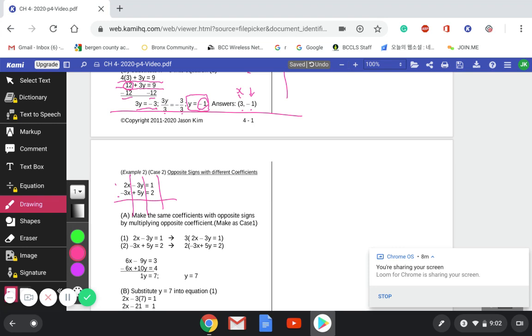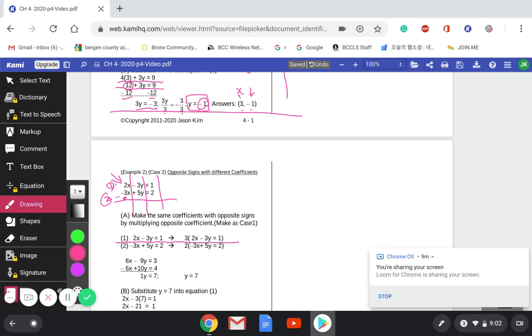So what do we do to get rid of, let's say, the x's in this particular case? The way you do it is you have to make the same coefficient with a different sign. So normally you choose the one that already has a different sign, and then you multiply by each other's coefficient. In the first equation, 2x minus 3y equals 1, you multiply by the coefficient of the second equation.